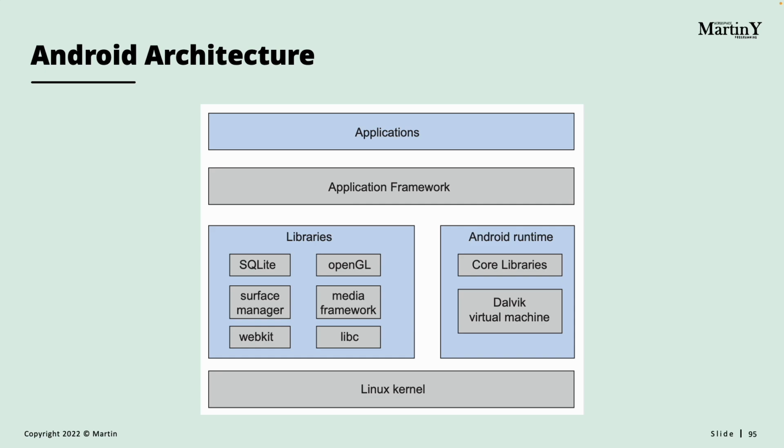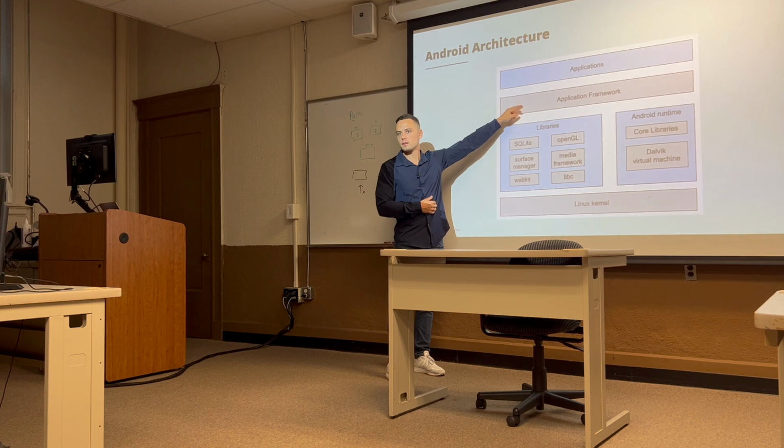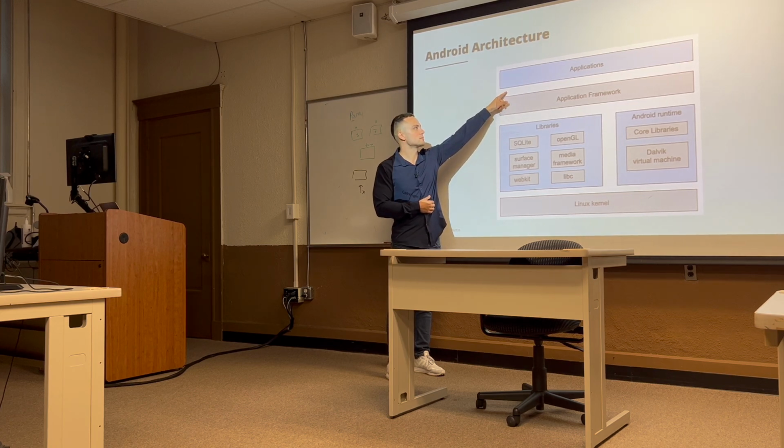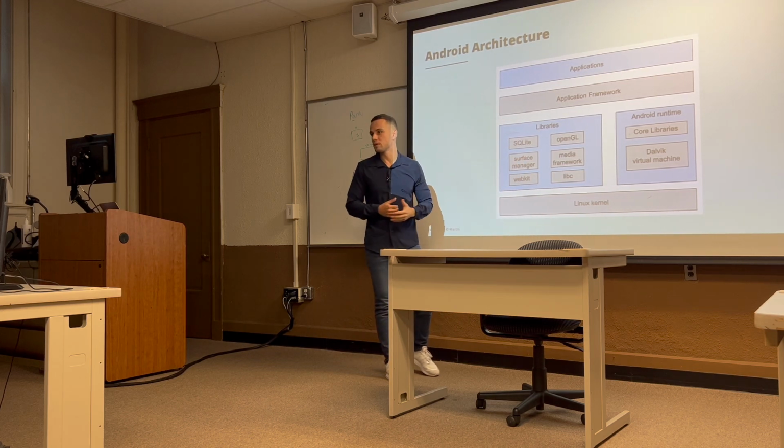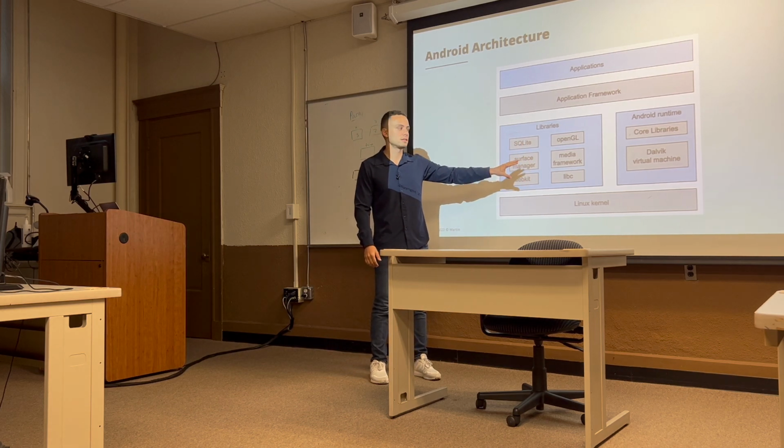And finally, we have the application framework, which processes and sends application requests to the operating system for processing. So how it works, you download an application, okay, the application framework takes a request from the application, and depending on what type of application there is, it uses some of those libraries, you know, to understand the code.